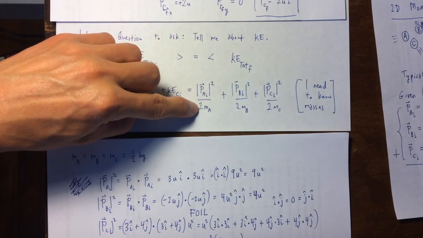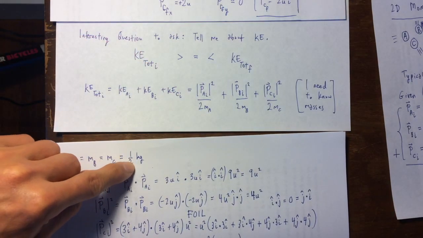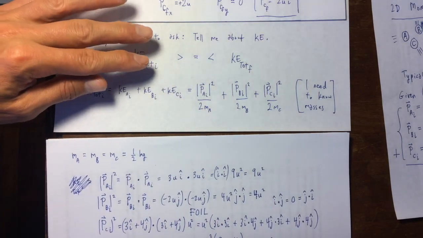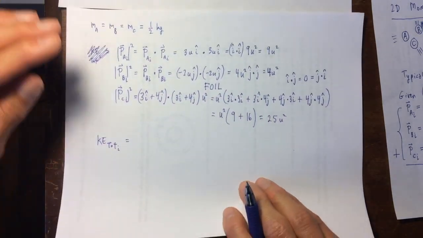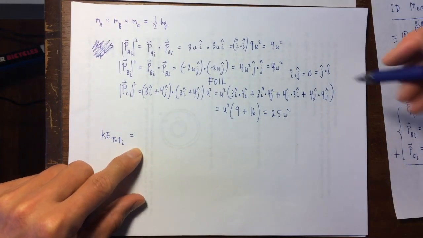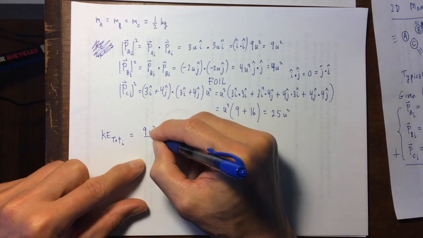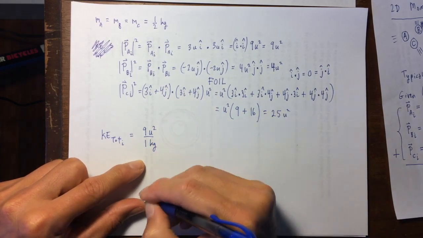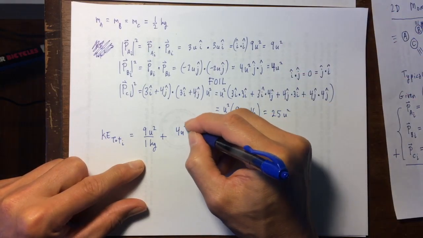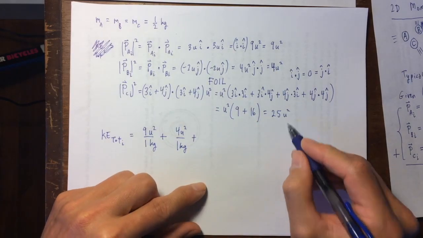We're going to divide by 2m, but since we chose this simple value just to see what would happen, we'll be dividing by 1 kilogram. So this is going to be 9u squared over 1 kilogram plus 4u squared over 1 kilogram plus 25u squared over 1 kilogram.